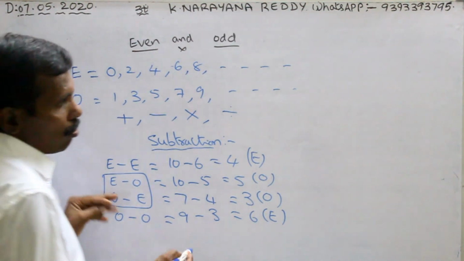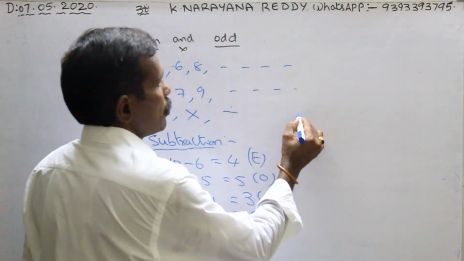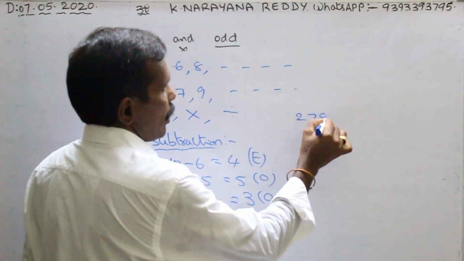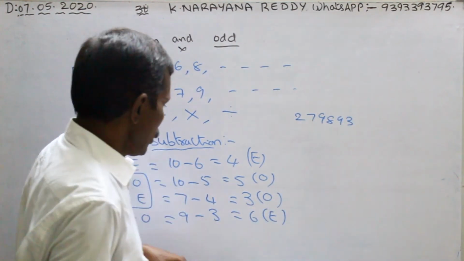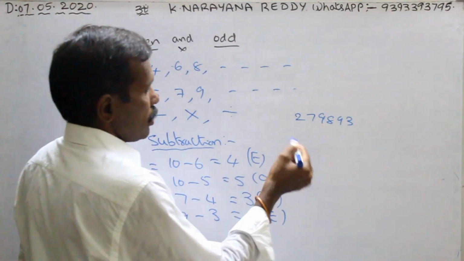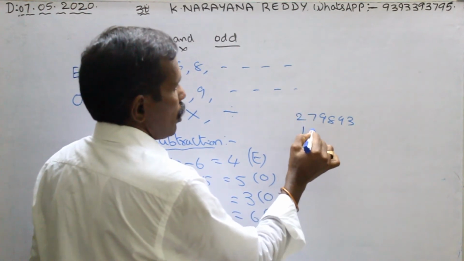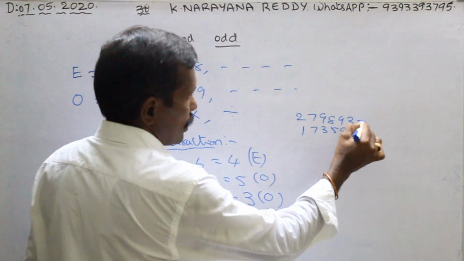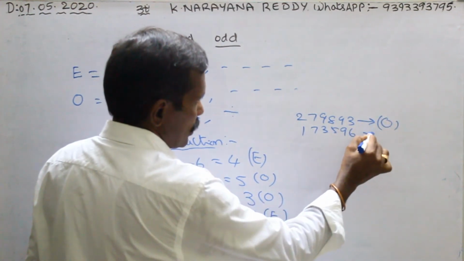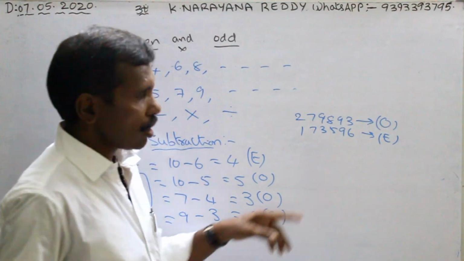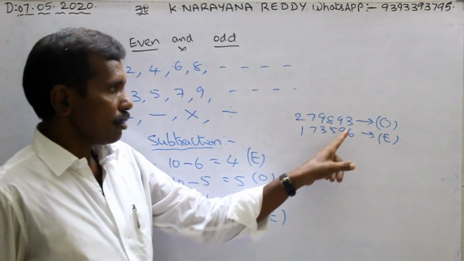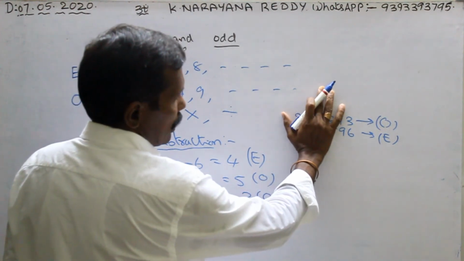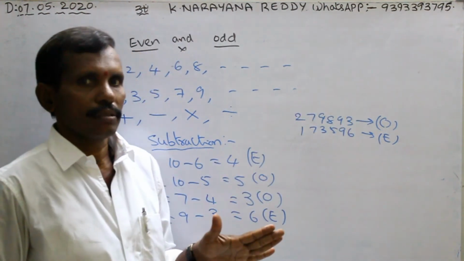For example, you want to subtract some numbers. 2, 7, 9, 8, 9, 3. That is an odd number. Take another number, 1, 7, 3, 5, 9, 6. This is odd, this is even. Why? Because the last digit 3 is odd, and the last digit 6 is even. Simple. Don't worry about these digits, we want only the last digit.